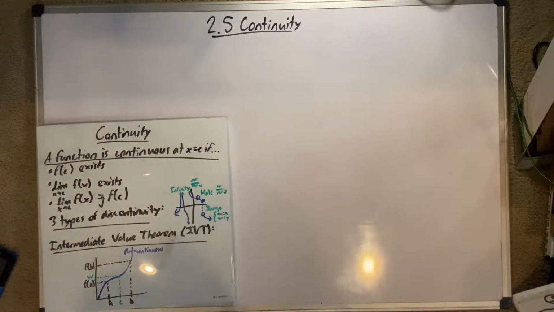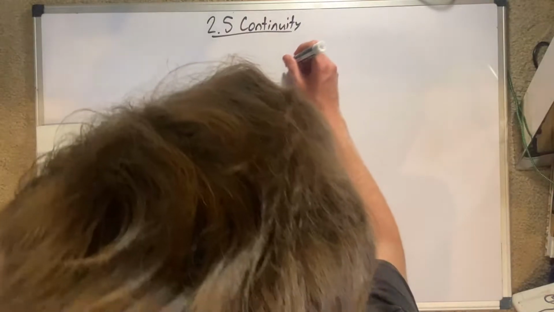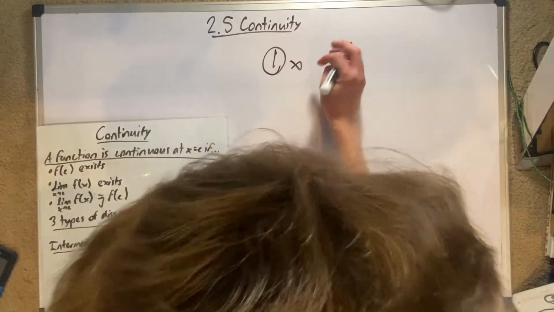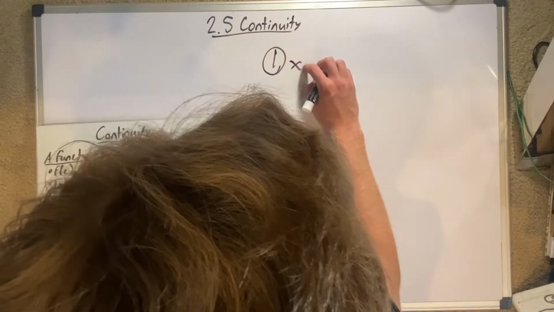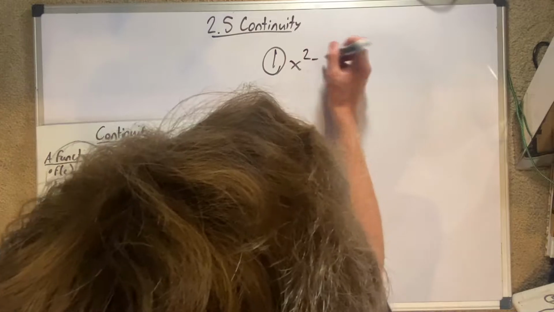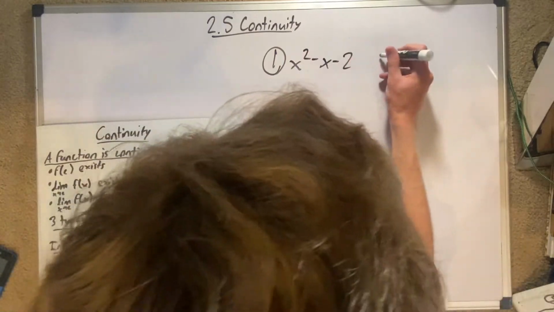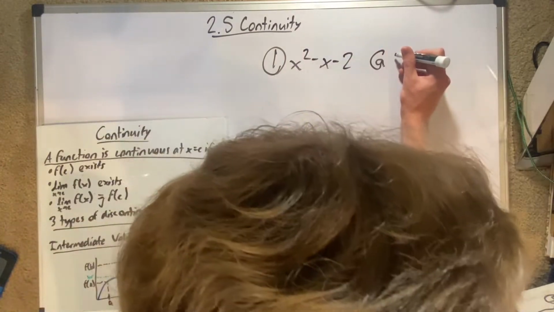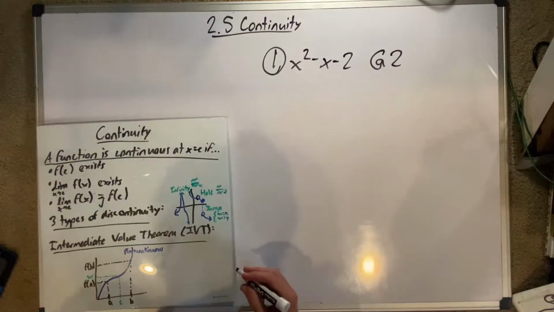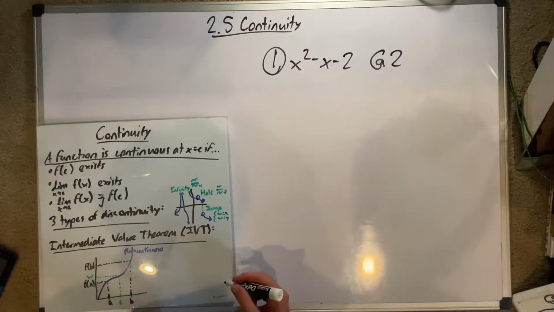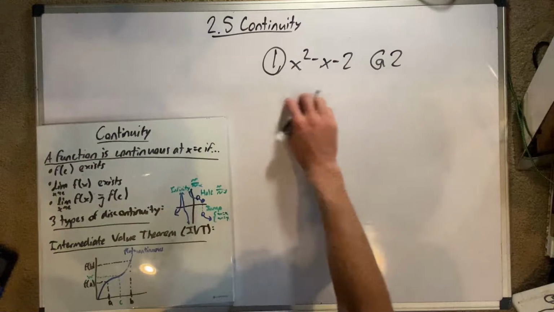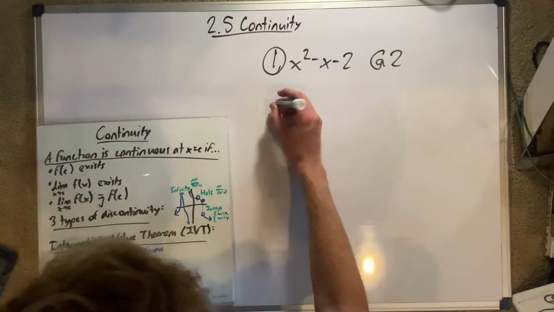So we have these problems now. So 1, x, no, I have so many whiteboards. x squared minus x minus 2, is it continuous at 2? Those are my at signs, by the way. So is it continuous at 2? So let's just see. Can we plug it in at 2?